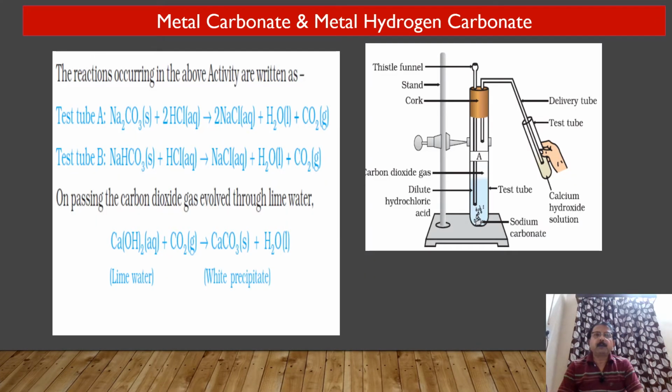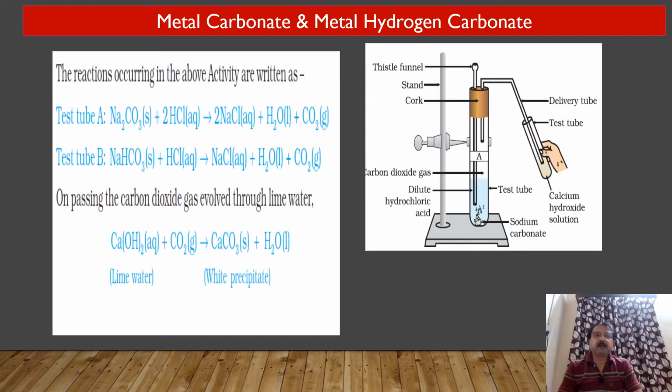Here we will talk about metal carbonate and metal hydrogen carbonate. When they are mixed with acid, they give the result as salt.